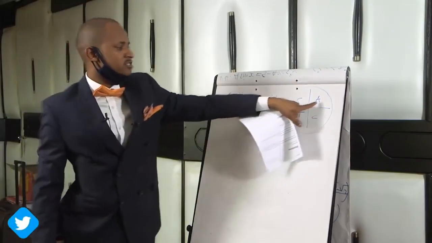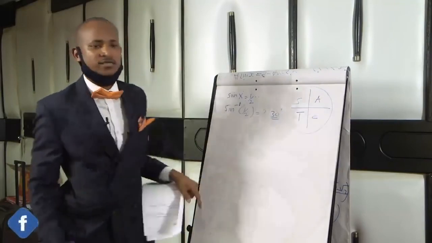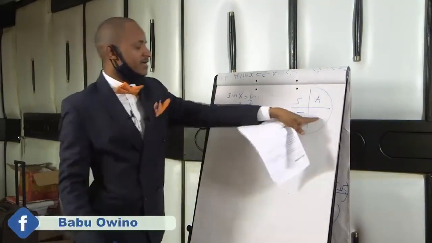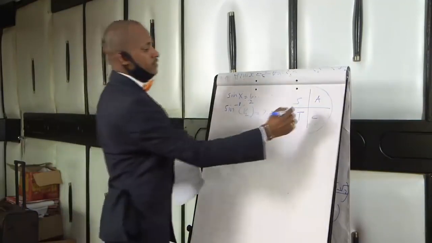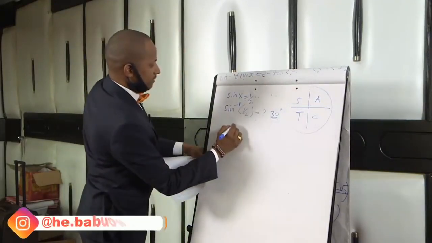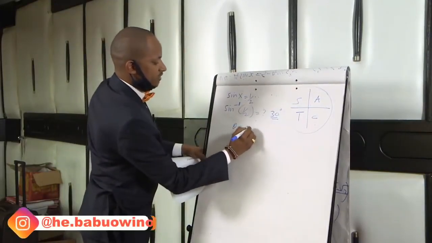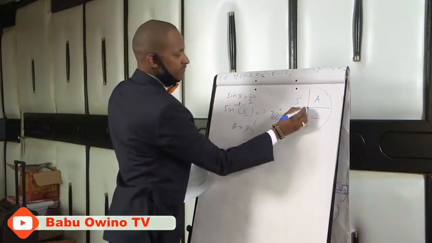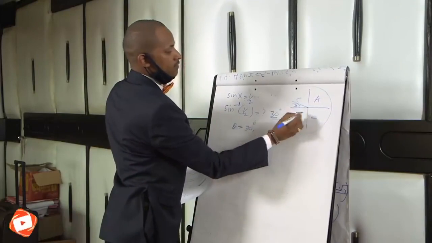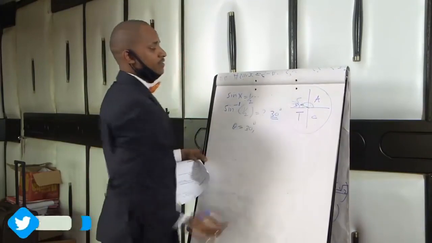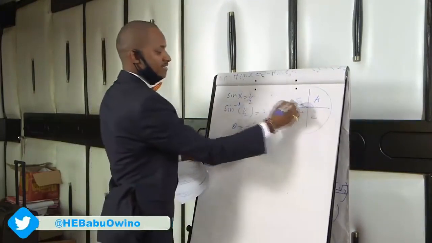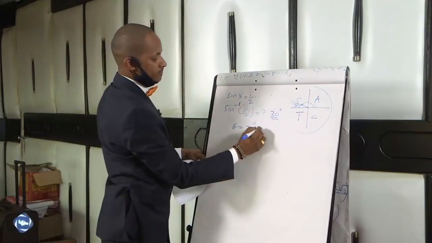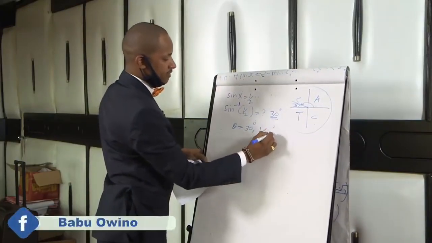So sine is positive in the first quadrant and in the second quadrant only, but it's negative here and negative here. Therefore, in the first quadrant, theta equals 30 degrees. But in the second quadrant, if we have our 30 degrees here, what will be the remaining angle here? It is 180 minus 30, which is 150 degrees.